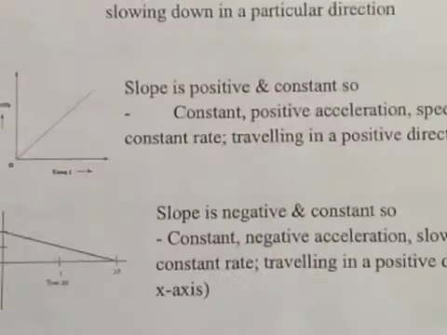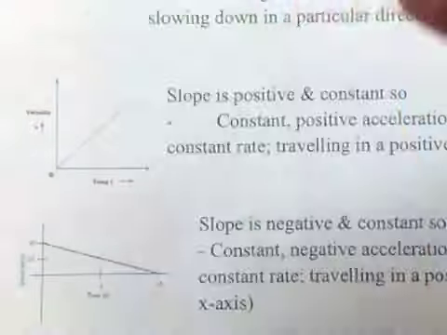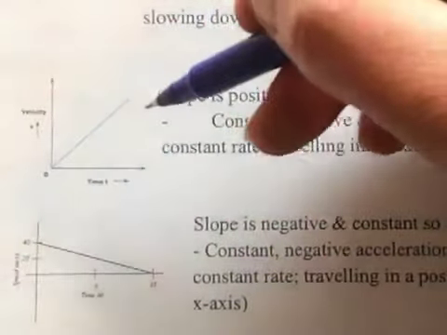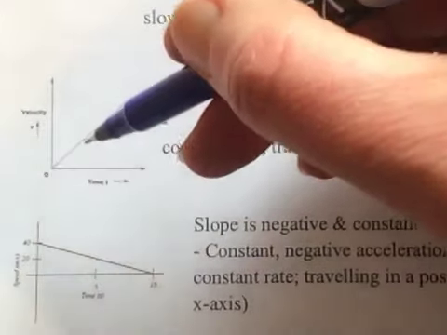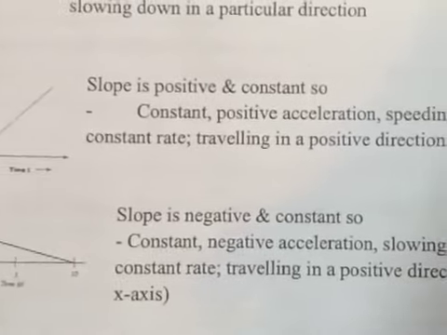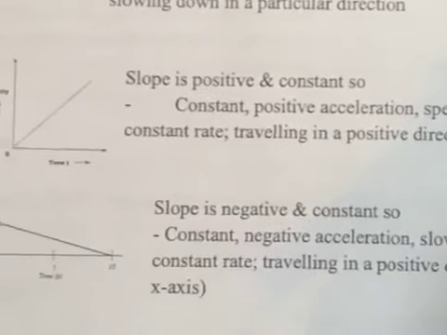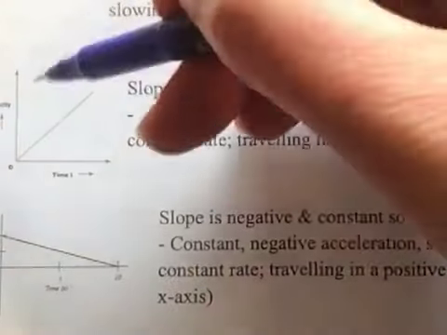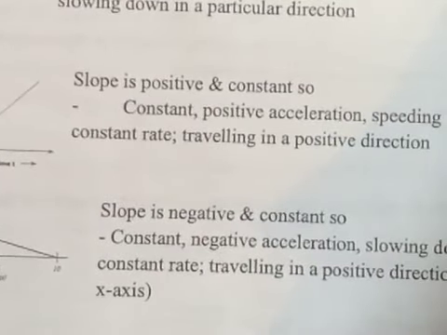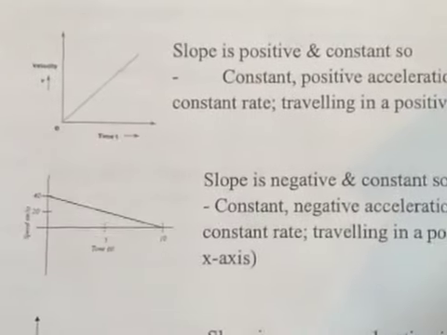So if we look at this first one, the slope is positive and constant, and so that means that the acceleration is positive and constant, which means this object is speeding up at a constant rate, and it's traveling in a positive direction. Okay, speeding up at a constant rate and traveling in a positive direction.